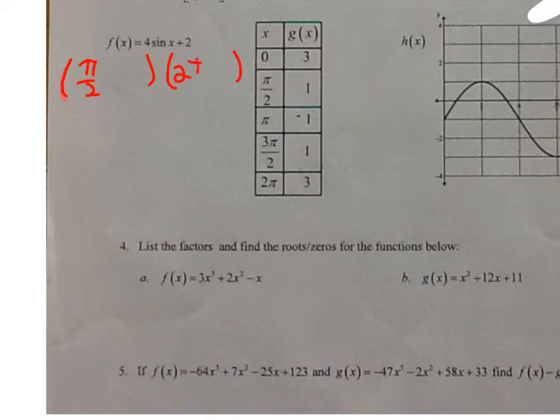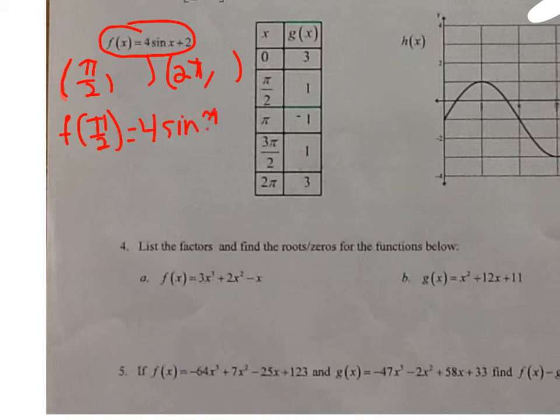All right, so I need to get my y value. So we have to plug the x into the equation and solve for y. So I'm going to start off with f of pi over 2. You're going to leave it in radians. So I have 4 sine pi over 2 plus 2. So put your calculator in radians and plug this into your calculator. And you get 6. So my point is pi over 2 comma 6.